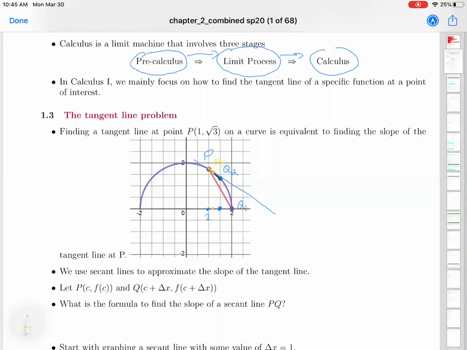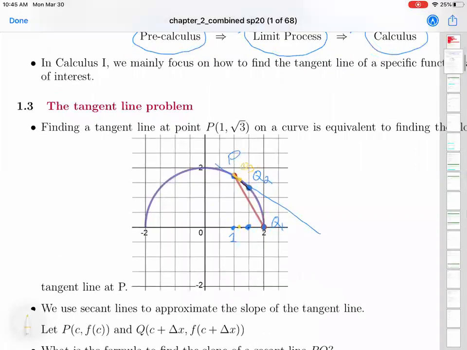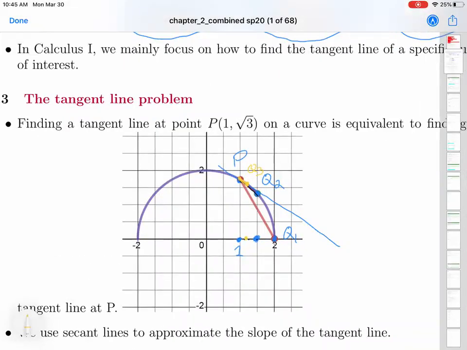I created this yellow line, and this yellow line here is very, very similar to the blue line. It's a much better estimation for the blue line compared to the black line and the red line. So if you move your points closer and closer to 1, your estimations will be much, much better. Again, we're estimating the tangent line to this curve at this point.